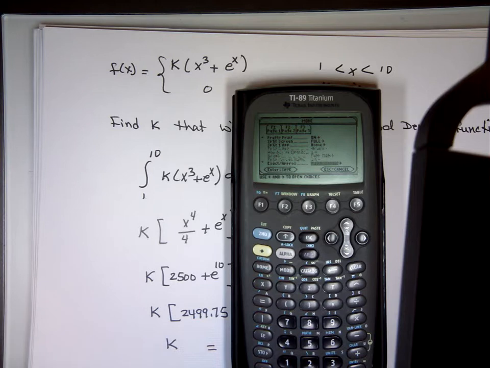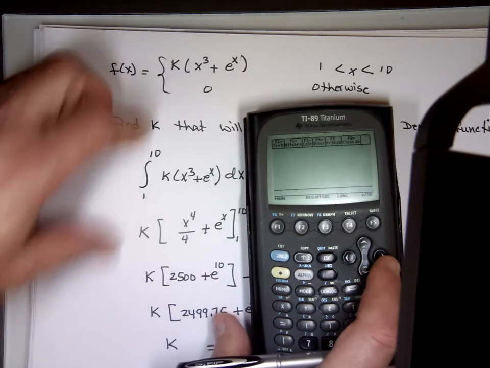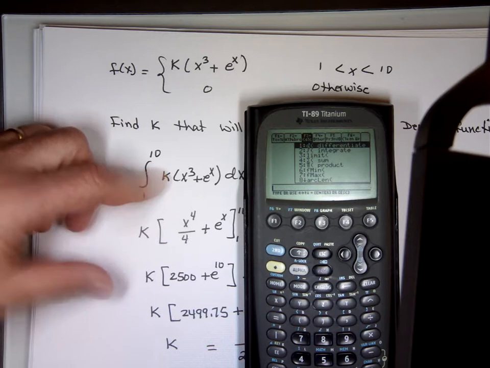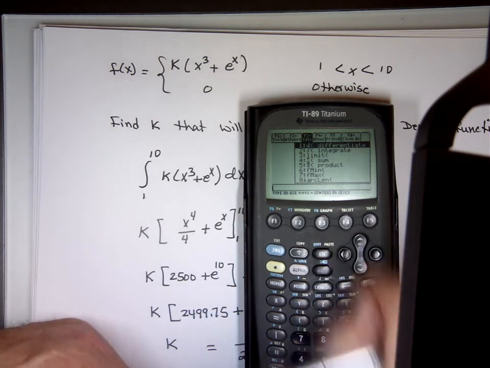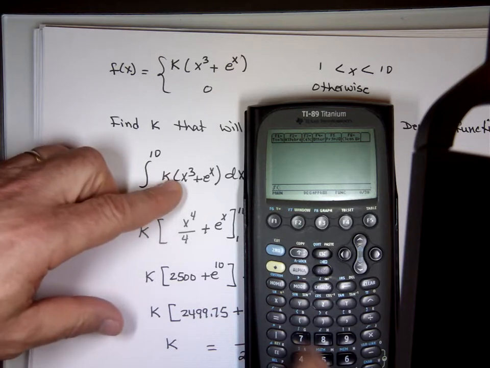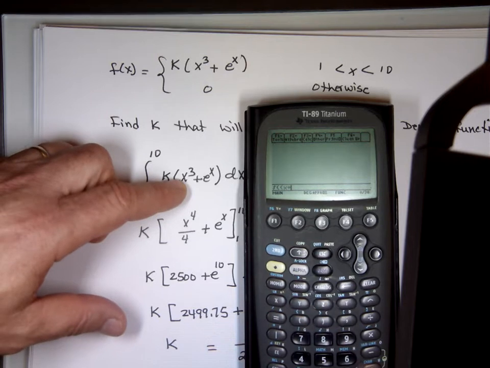Watch how nice this calculator is. You want to integrate this, so you can pull the k out to go, what is the integral? So F3. Now you're going to find out there's no reason for you to take Calc 1 and 2 because this calculator does everything, double and triple integral. I want to integrate. That's option 2 for integral. I like parentheses, I'm a fan of parentheses, x plus e to the x.